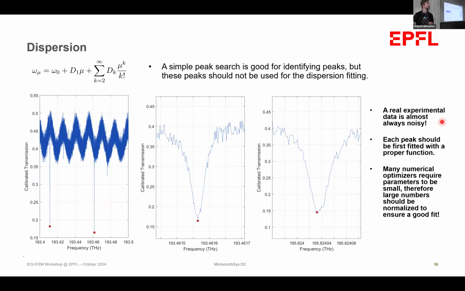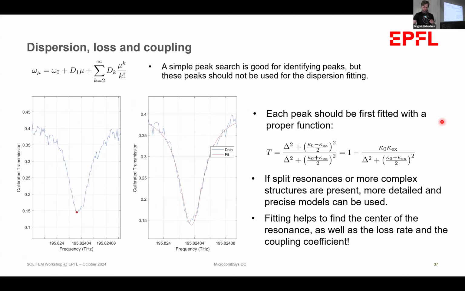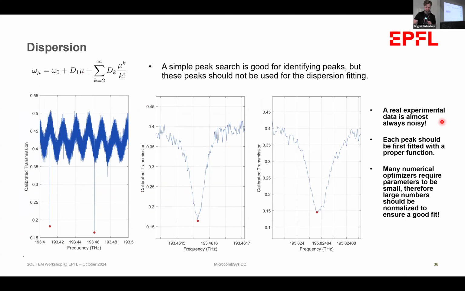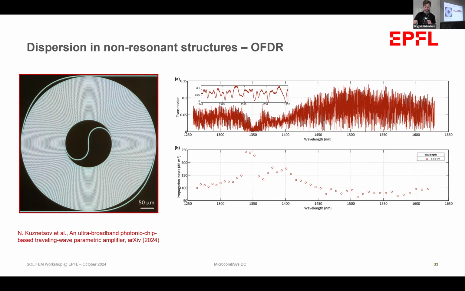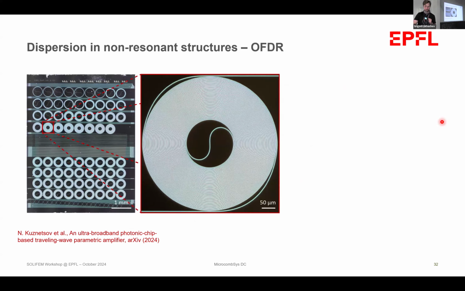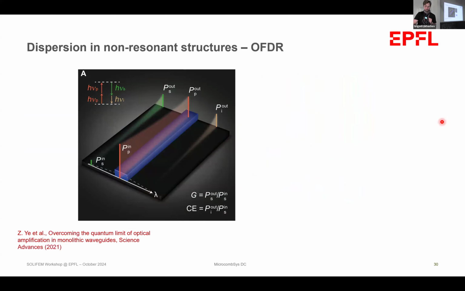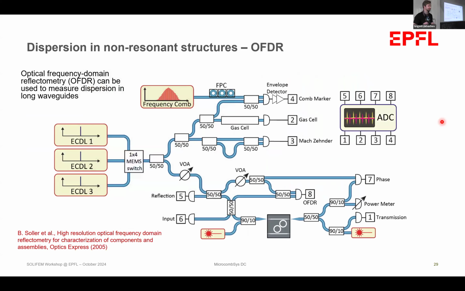Sure. So how would you measure... Good question. Let me go back a little bit. Yeah, so here in this experimental setup, you can see this photo receiver for the phase. Obviously, you cannot measure the absolute phase.